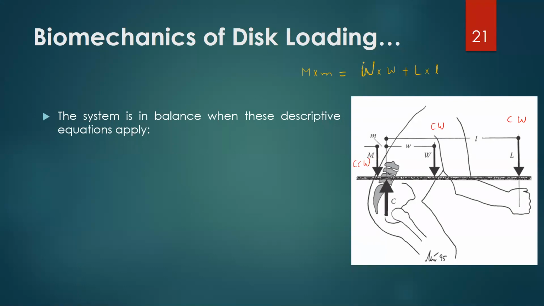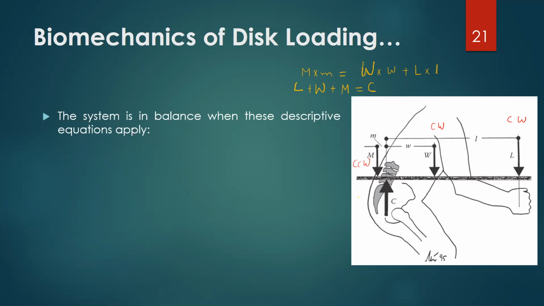And similarly, the sum of the forces that are acting downward should be equal to this force C. So L is acting downward, the weight of the upper body is acting downward, and the muscular force is acting downward. So the sum of these forces should be equal to this compressive force C.